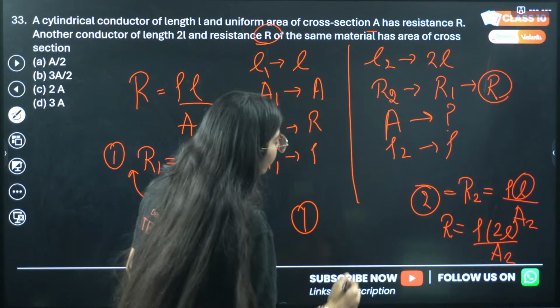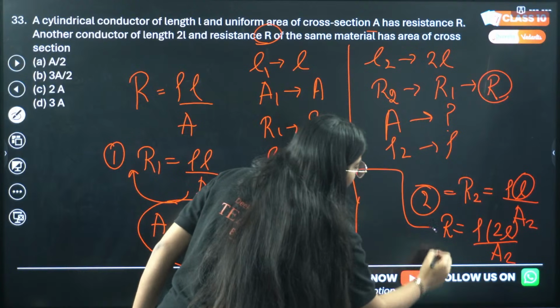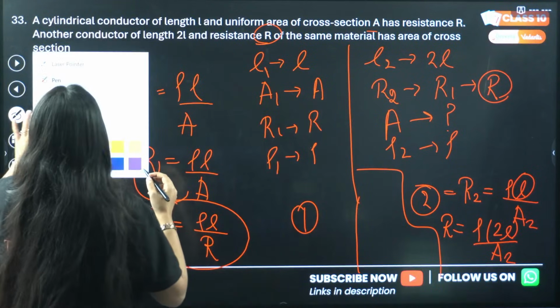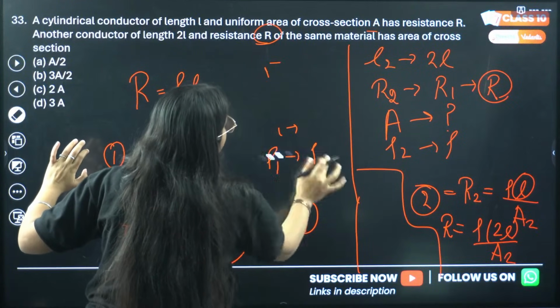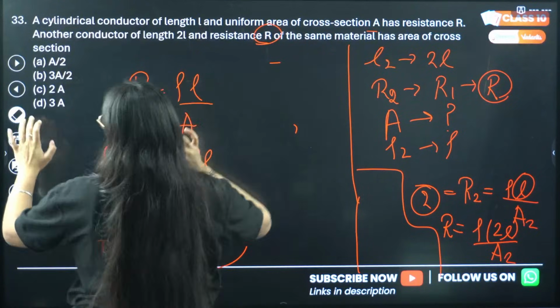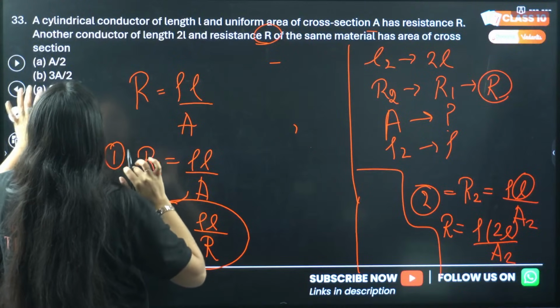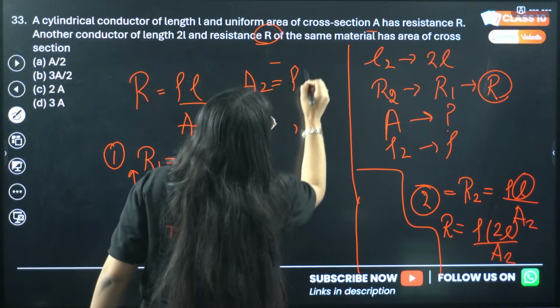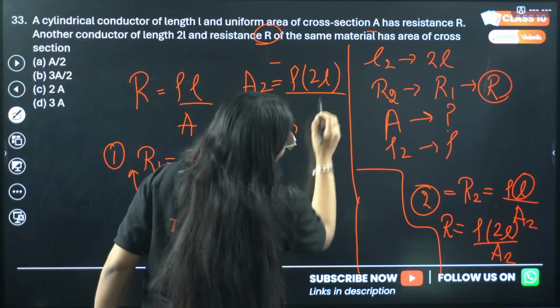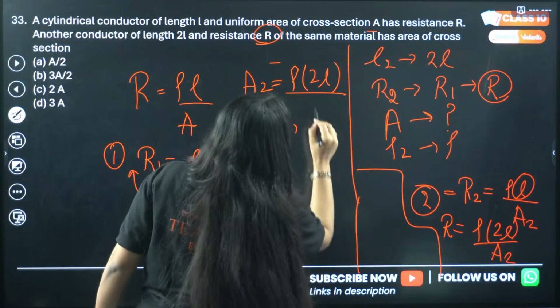Now ma'am, how will we do this? A2 will be, let me just erase this. So A2 will be rho into 2L divided by R, correct?